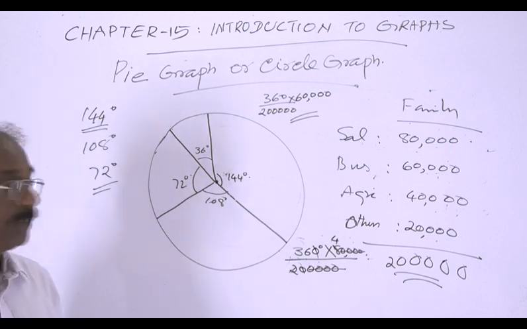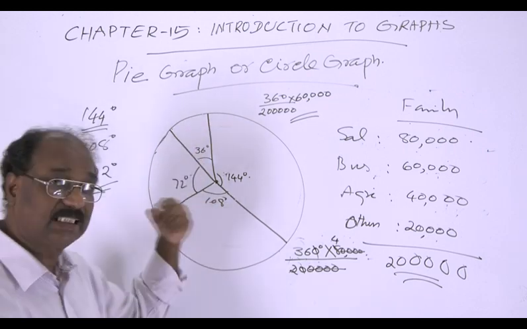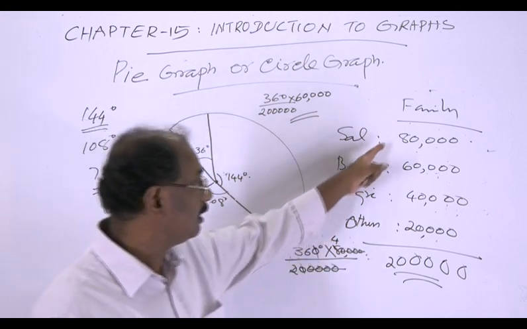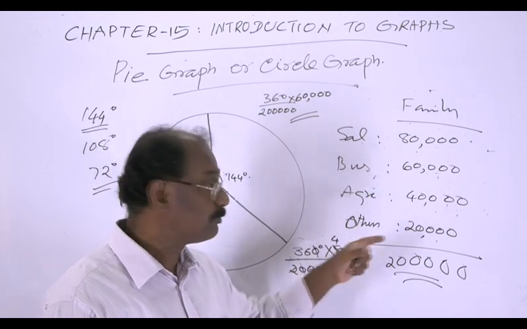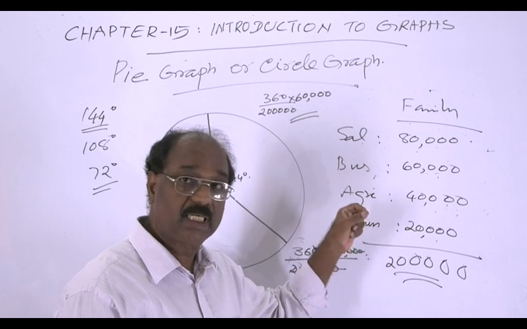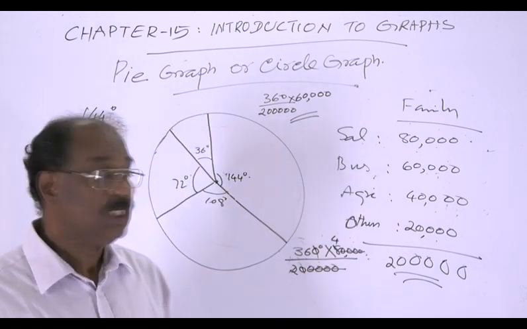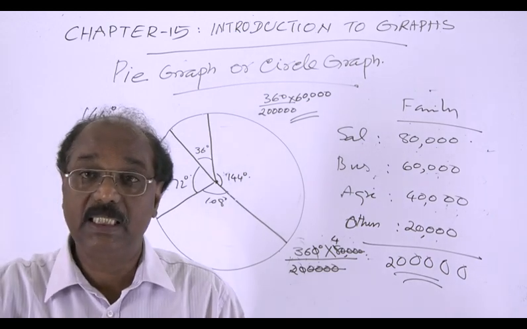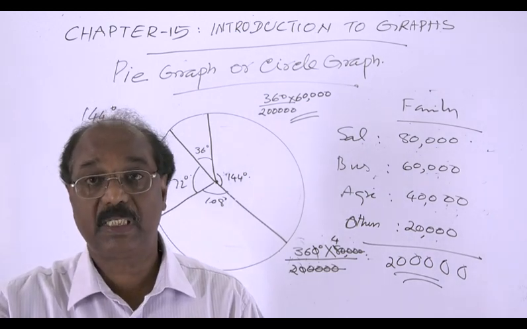Thus we have divided the circle into various sectors whose areas are proportional to the numerical values of the components. So this is the pie graph or the circle graph.